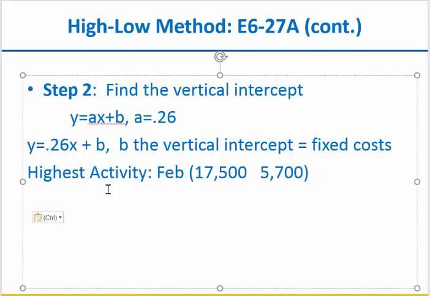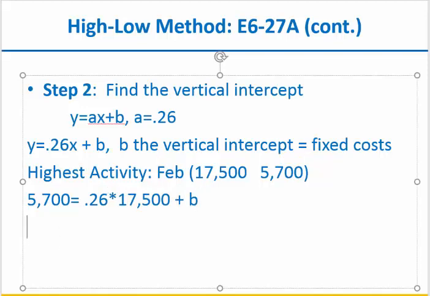So how do we do that? You have to solve a linear equation with only one variable. It's very simple. So I will set up the equation: y is 5,700 and equals 0.26 times x, which is 17,500, plus b. You can see that all you have to do is solve for b.